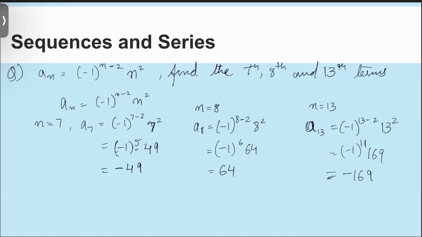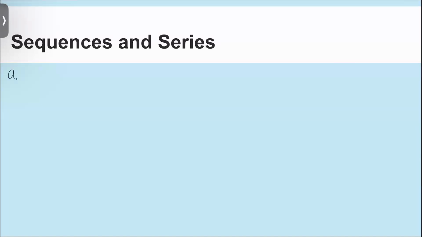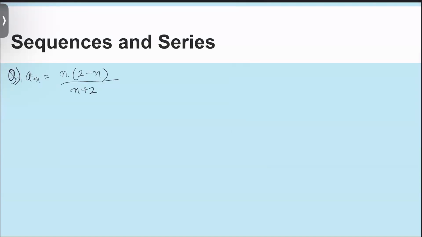Okay, let's take another example. So you have a_n is equal to n(2 minus n) upon n plus 2, and we want to find the 4th, 15th, and 20th terms.